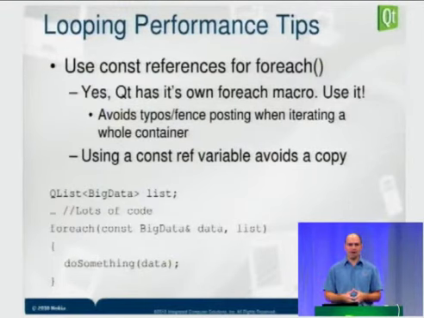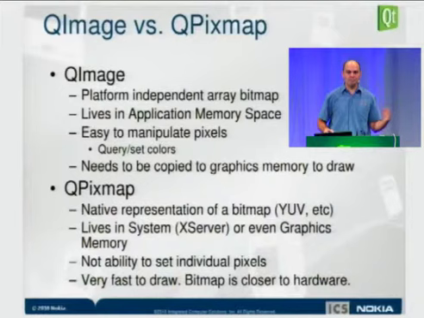On X11, this is an XPixmap, which basically means it is nothing more than a glorified identifier to some memory out on the X server. That memory could even be located inside the graphics card. You also have no idea about the color space of this image either. It could be in native YUV or something. And when you draw to it using RGB colors, the X server is doing the conversion.